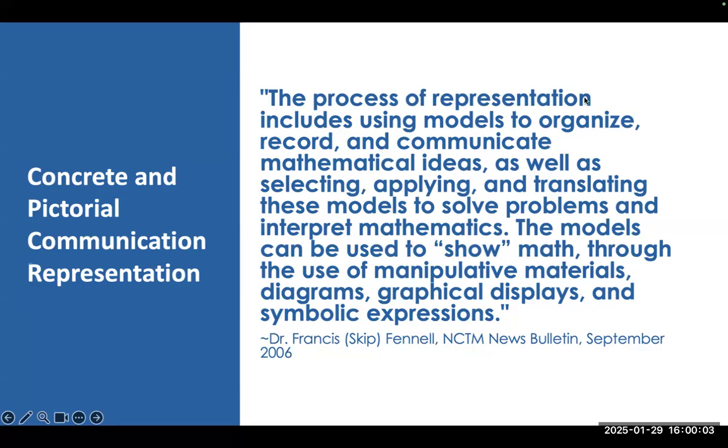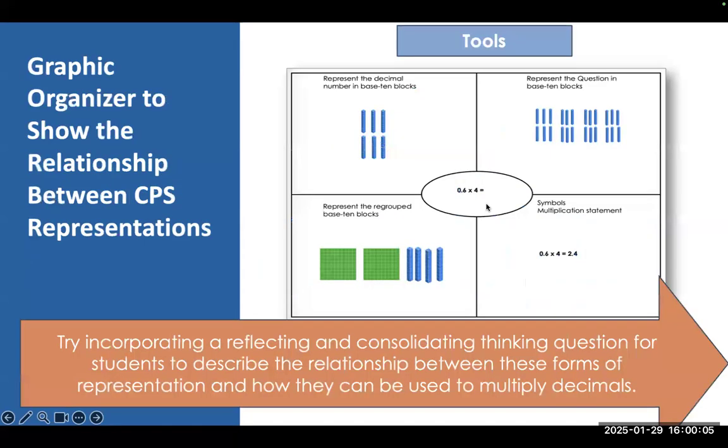So one way that we can invite students to do this is to use tools like graphic organizers for them to show relationships between the various ways that we can represent mathematical understandings.